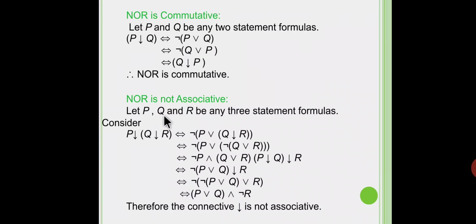So NOR is not associative. So let us see. Let P, Q and R be any three statement formulas.